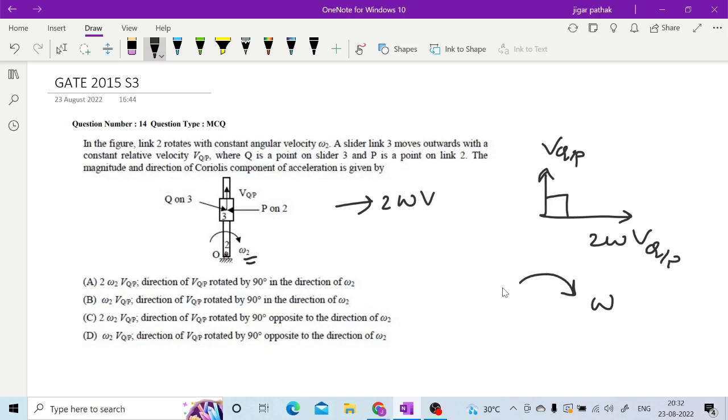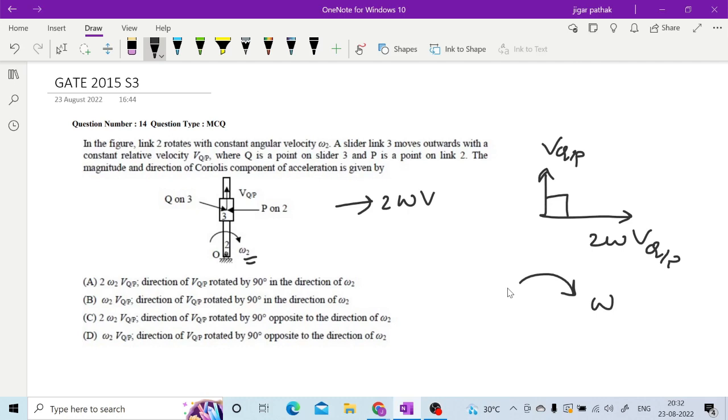Sir, if someone mistakenly understands omega 2 as into the plane, then my answer C would be wrong, no? Into the plane, I am not getting why, because all are planar mechanisms. How can omega 2 be into the plane? Sir, considering omega is a vector, omega can be into the plane. Which plane? Right now, whatever screen is there, you are saying into the screen. Then Coriolis is 2 omega cross v.